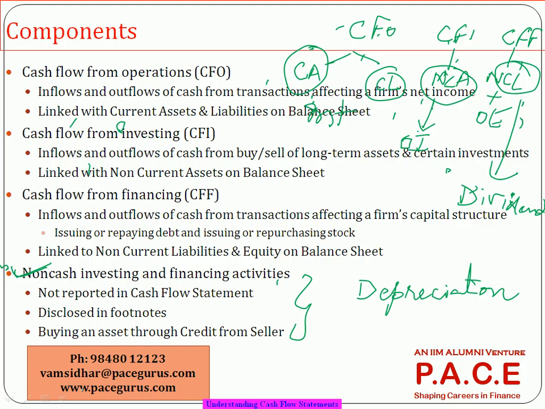I'm buying an asset, buying a big machine, through credit from the seller, not from the bank. The seller himself has given me a credit. So there is no cash that has been used right now, so the cash flow statement should not reflect that at all. Wherever cash was not used, the cash flow statement should not reflect that amount at all.